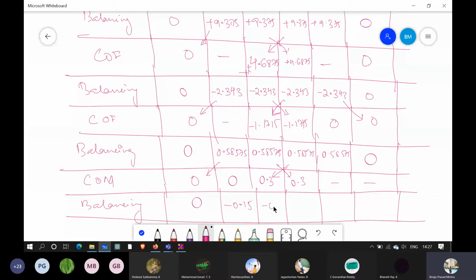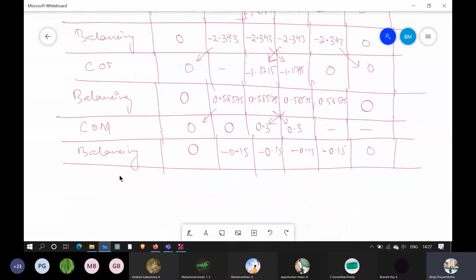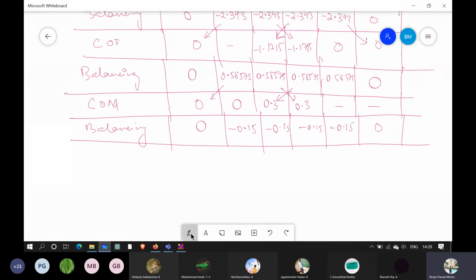So now the next step. Since these values are now in terms of 0, we can stop here and find out the final end moments.